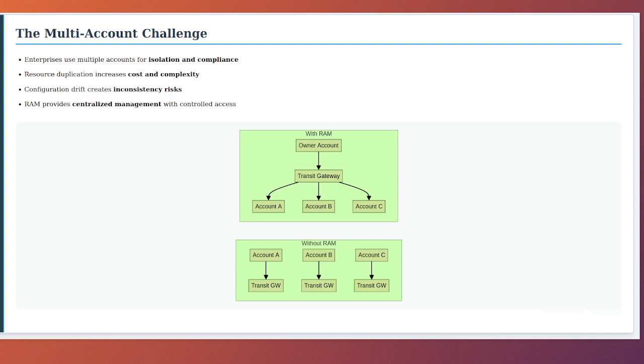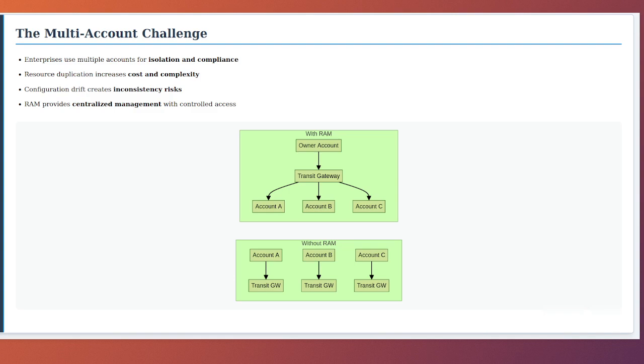Consider a scenario where you have separate accounts for development, staging, and production environments. Each account might need access to shared infrastructure components like transit gateways for network connectivity, centralized DNS resolution rules, or common license configurations. Without a sharing mechanism, you would need to recreate these resources in each account.